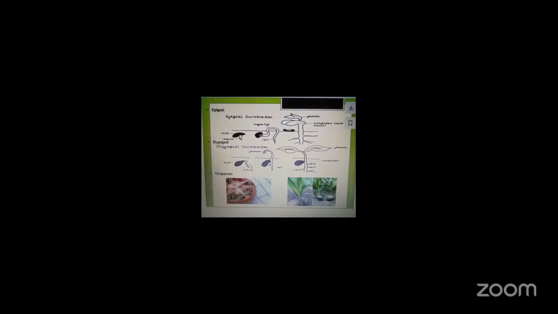And rapid multiplication. This is rapid multiplication through plant breeding technology. Another one, timely supplies.